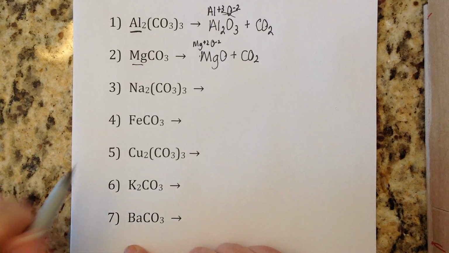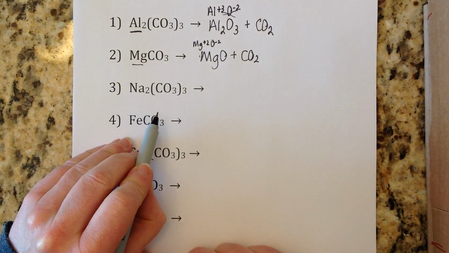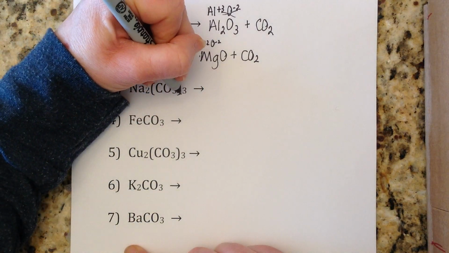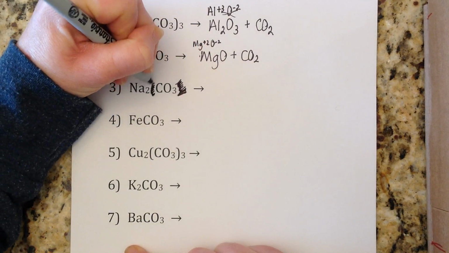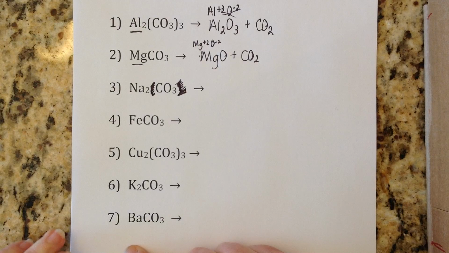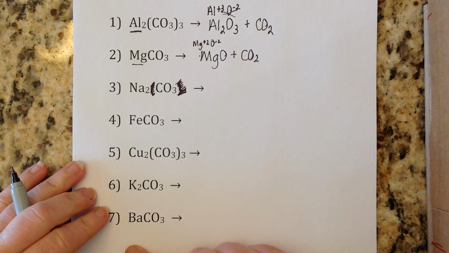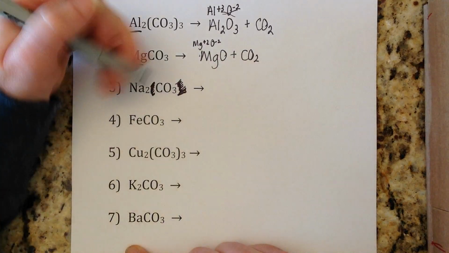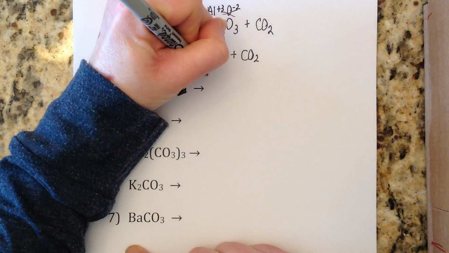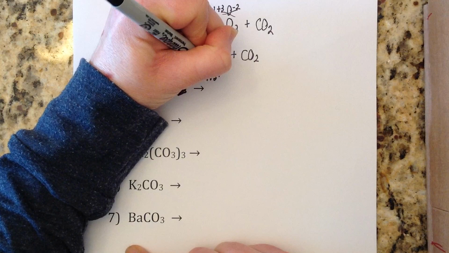Number 3, sodium carbonate, and that is actually wrong. There you go. Na2CO3 is what that's supposed to look like. Sodium carbonate decomposes, so there's your metal. Sodium has a +1.